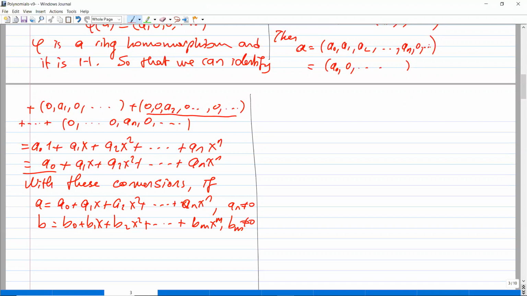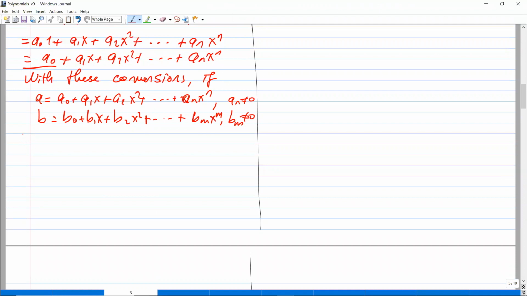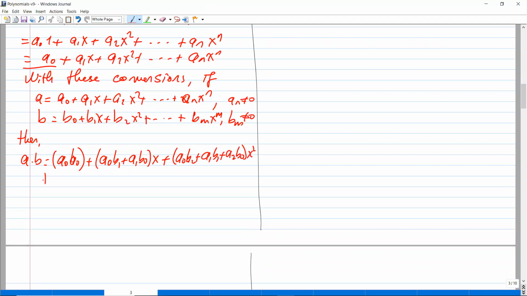Then a times b, the product of these two polynomials, becomes: the first component a0 b0, plus (a0 b1 plus a1 b0) times x, plus (a0 b2 plus a1 b1 plus a2 b0) x squared, where you multiply the coefficients so that the sum of the indices is 2, etc. And at the end, the last term is an bm times x to the n plus m.